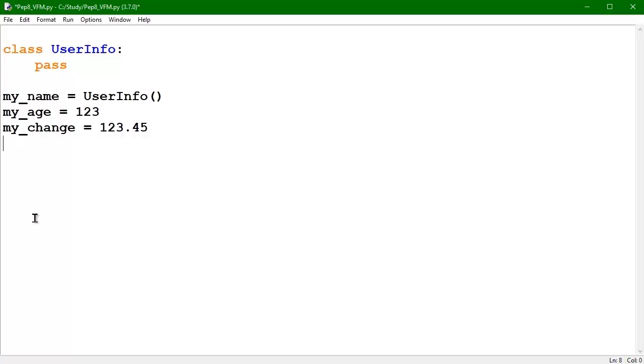So what Hungarian notation allows us to do is to introduce some light identification prefixes that we can use to make sure we understand, in this case, that my name isn't going to be a string. Instead, it could be an instance of UI, user info, name.